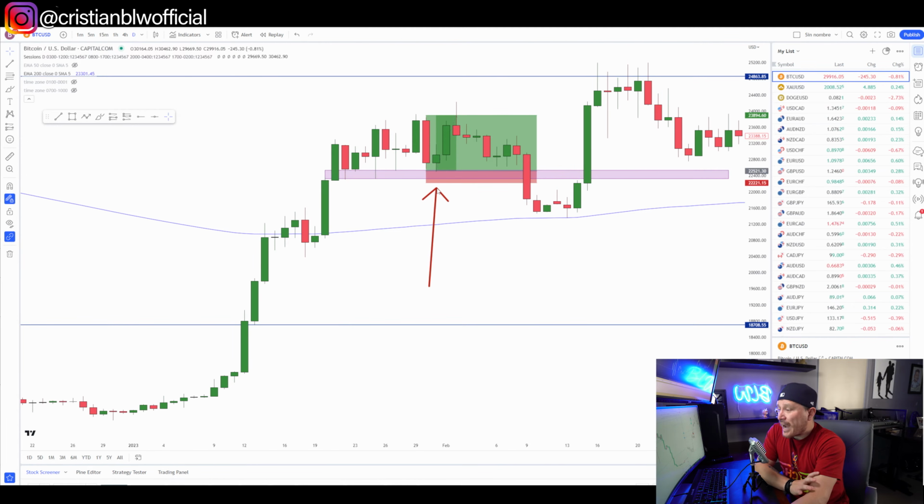As you can see, I did have a stop loss level, but the trade almost never went into the stop loss area, and it went directly into the take profit area. Now, is this because I'm a wizard? No, it's because it's a sniper entry.